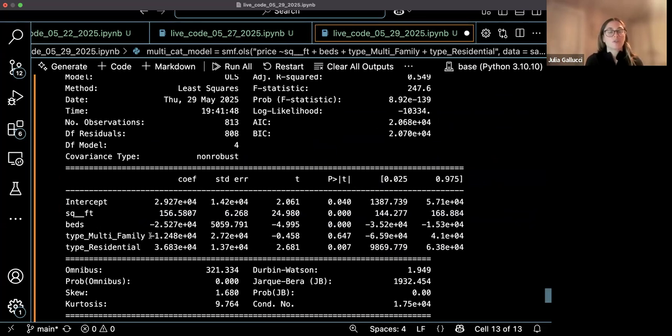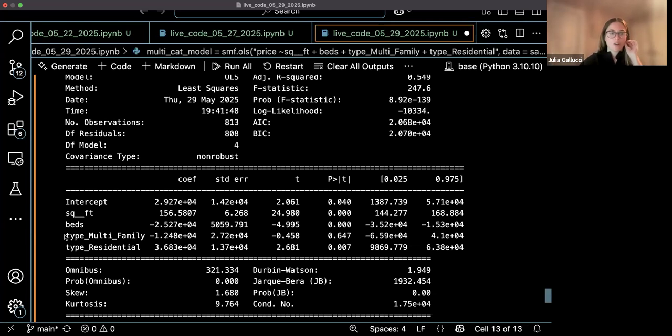So these beta coefficients are in reference to this other category, basically showing, for example, how house price differs from this type in comparison to condos, as we talked about. So here, once again, condos is chosen as the reference group, and the coefficients for multifamily and residential are telling us how the house price differs from these particular house types relative to condos.